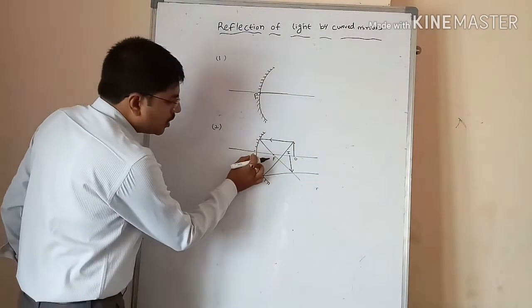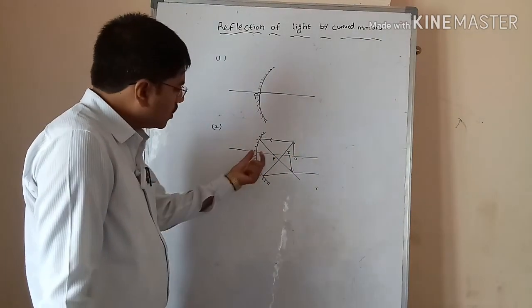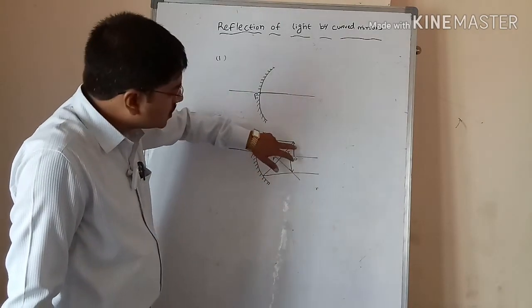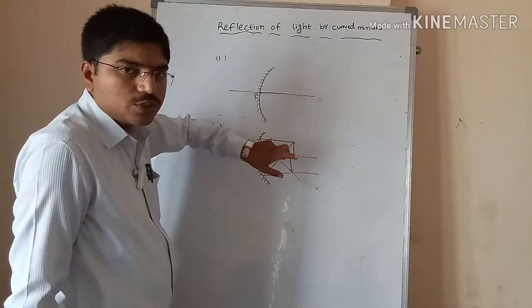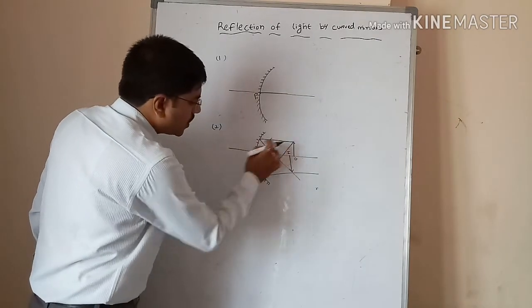Tell me, is PO positive or negative? According to what I said, the incident ray direction will be like this. That should be positive. The remaining all are negative.